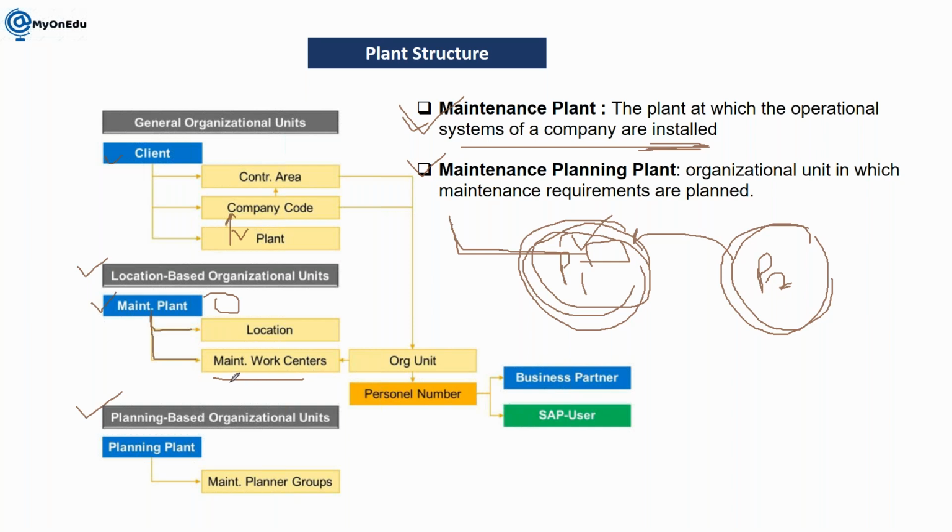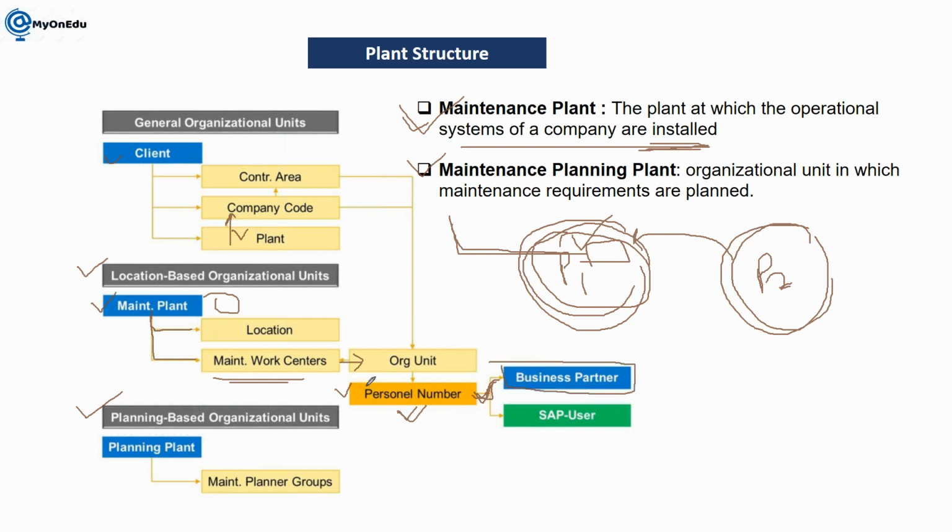This maintenance work center can be linked with the organization unit in HR, where my HR personnel are assigned. In SAP you can integrate or synchronize it with the business user. Let's say it is an employee; this employee ID you want to synchronize with the business partner. There is a specific role, BUPA 0003, which will be replicated here as a business partner.